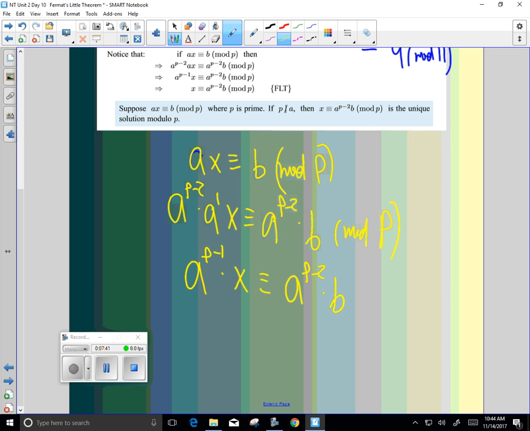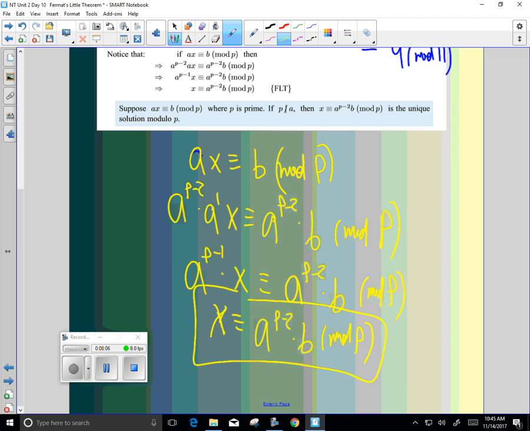Times b mod p. So then this just becomes 1. And there's your formula: a to the p minus 2 times b. Remember, the mod has to be a prime. So here's your formula that you can use to solve these quickly.